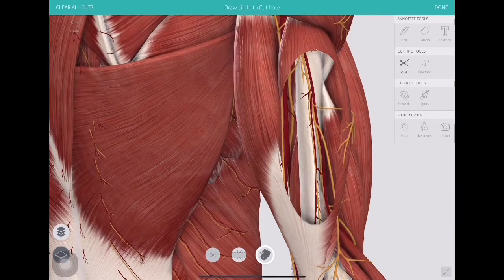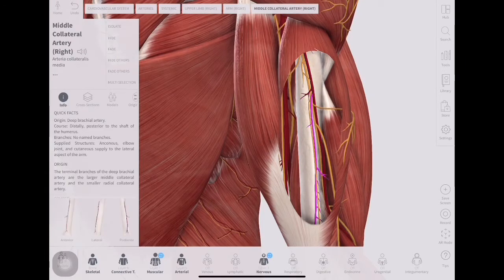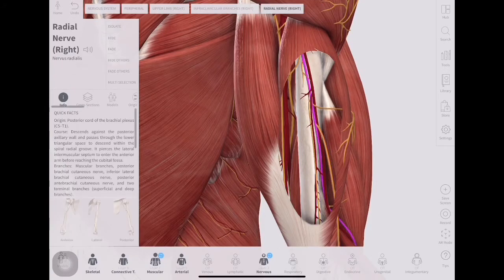Incising a portion of the lateral head of the triceps brachii will expose several structures that include the radial nerve accompanied by the deep artery of the arm.